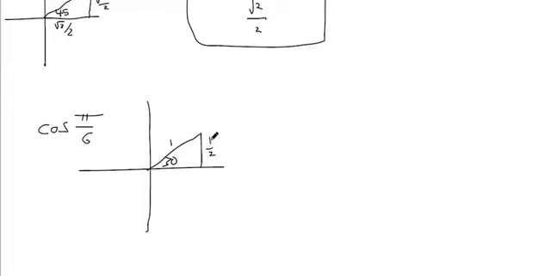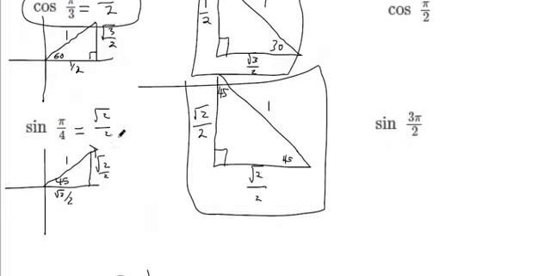We always have a hypotenuse of 1, so the only side that's missing is square root of 3 over 2. Cosine is the adjacent divided by the hypotenuse. The adjacent of pi over 6 is square root of 3 over 2, and the hypotenuse is 1. So square root of 3 over 2 divided by 1 is square root of 3 over 2.